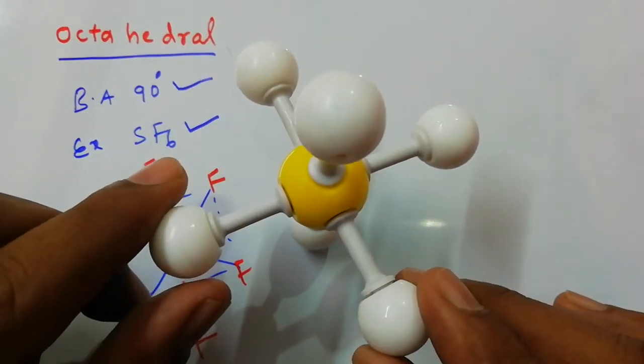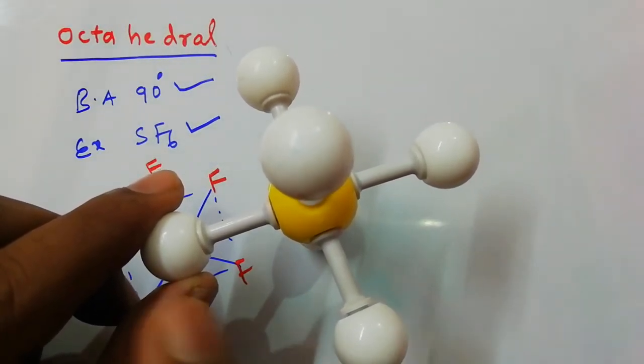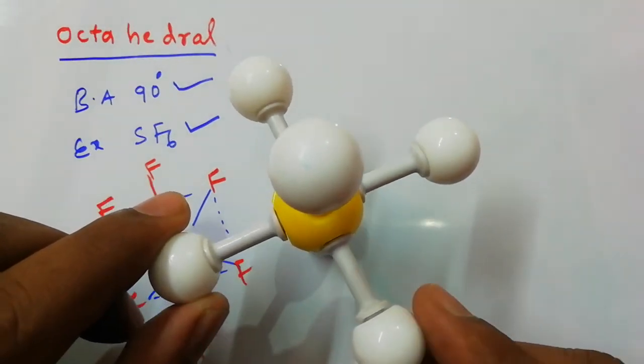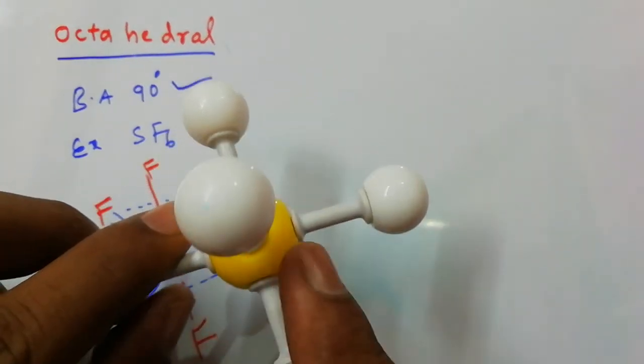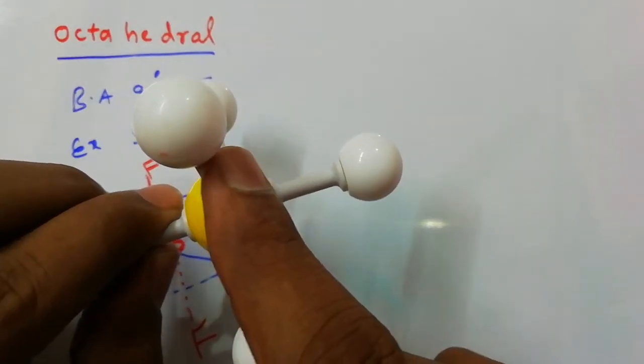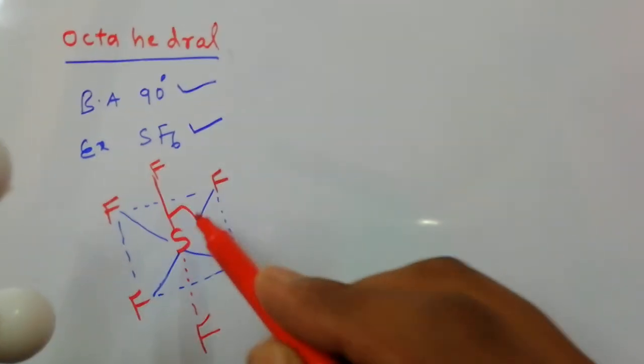So in the octahedral structure, how many atoms are there in the plane? 1, 2, 3, 4, 5. Okay, and the bond angle from here to here, you can see either way, is 90 degrees. You can see the bond angle from here to the fluorine atom above the plane, and this fluorine, that is 90 degrees only.